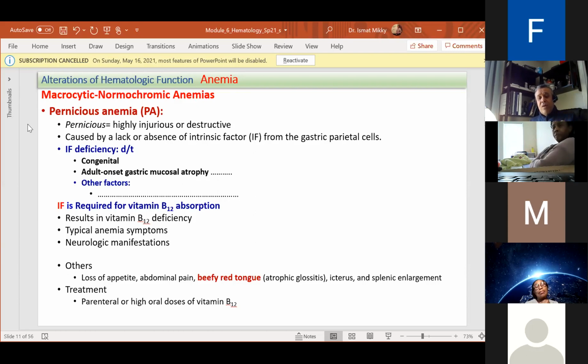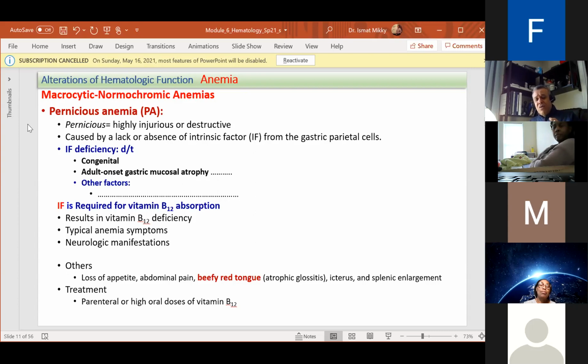So the manifestations, you will be looking at two main manifestations in addition to what you have listed in the slide. Two main ones: nerve demyelination, which is the nervous system like manifestations like a tingling sensation, numbness, the weakness on the periphery, especially the fingers and toes, especially fingers, in addition to the beefy red tongue.